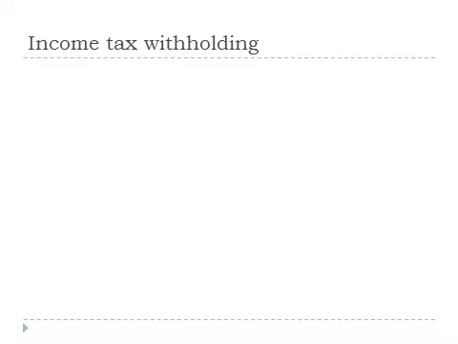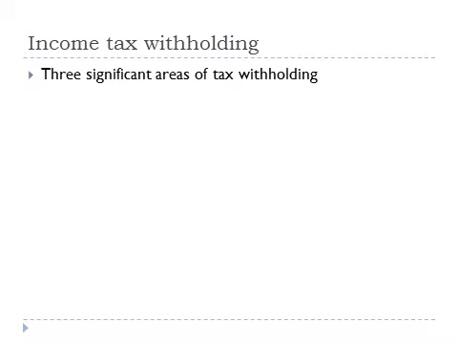The final issue common to all foreign taxpayers is income tax withholding. The understanding of the U.S. rules associated with this issue is the final major objective of this course. There are three significant areas in which income tax withholding is required with respect to foreign persons.